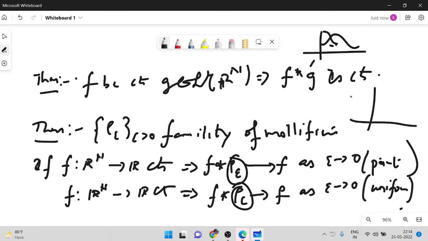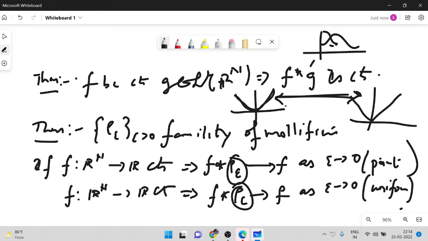Hypothetically, you have this function, which is continuous but not smooth. So you convolve with the mollifier and you get some function like this, with small curves here and there. So this function is approximately equal to the original function.